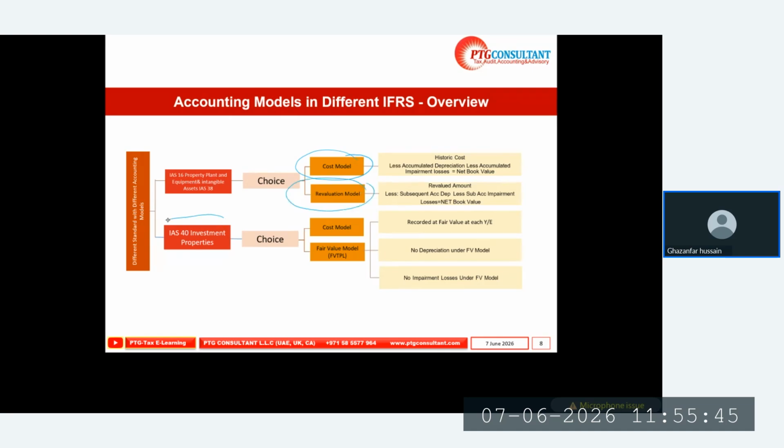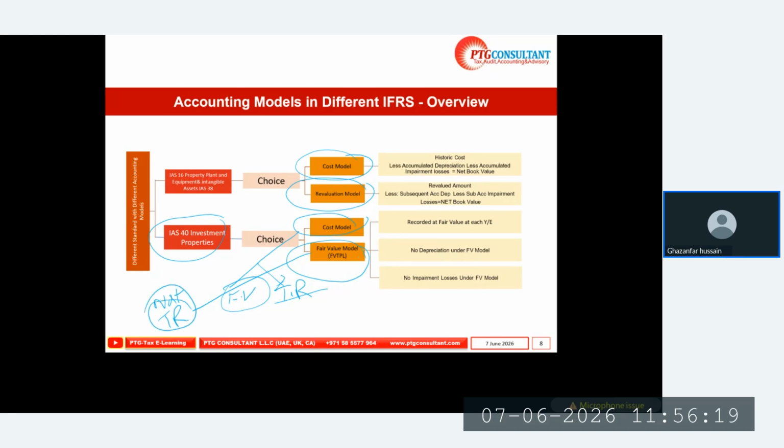Similarly, investment property also comes under the cost model or the fair value model. If the cost model is already treated under the transitional rules, the fair value model is not treated or not considered under the transitional rule.